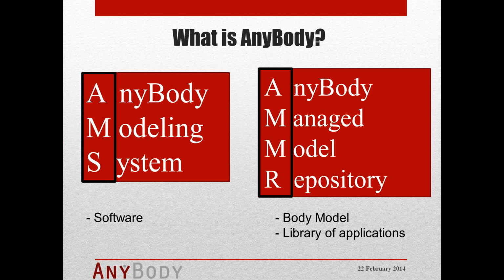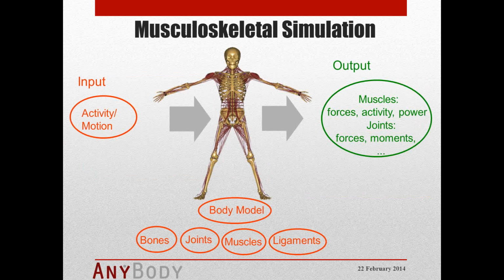If you combine both, so load a model in the Anybody Modeling System, you can perform a musculoskeletal simulation. Basically, you use the body model and an activity or motion as input, and you get output like muscle forces, activities, powers, joint forces, or interaction forces to any devices.